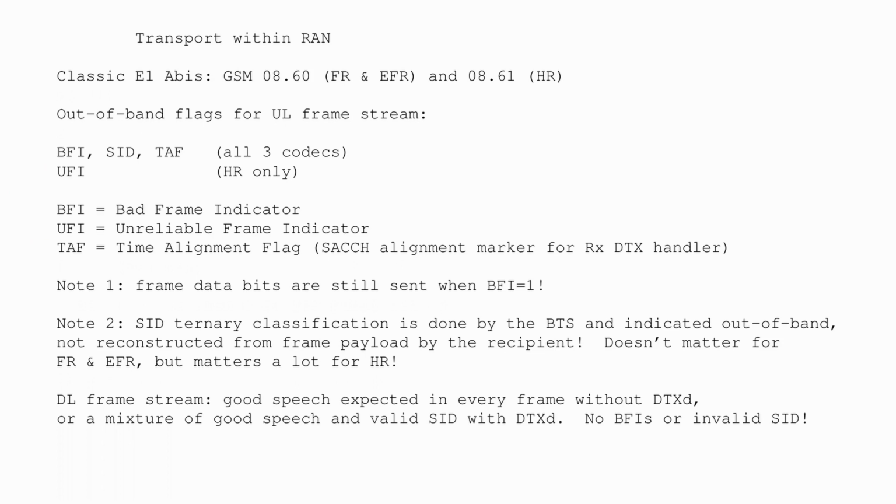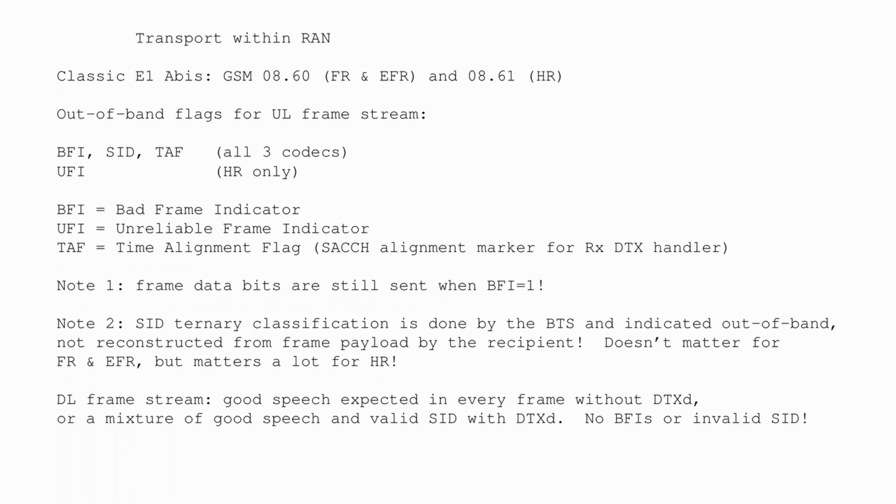And the TAF is a DTX-ism, that the way DTX is defined in both uplink and downlink for the classic codecs is it's tied to the SACCH multi-frame. So you have this alignment marker that tells you, is this frame aligned with the multi-frame or not? Because the RxDTX handler by the spec cares about this flag and uses it as part of its decision logic. And then we also have the SID classification.